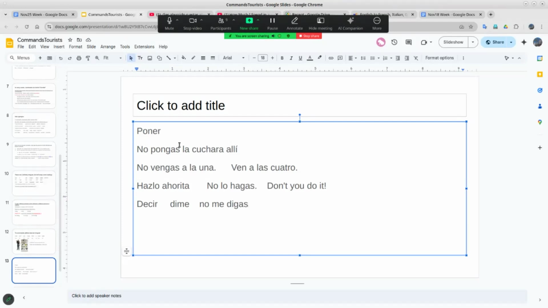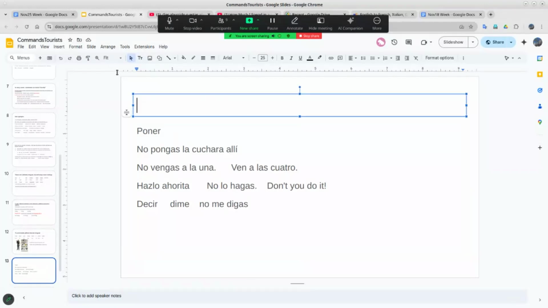For negative tú commands, we do more of what we do with usted. And this is why it is a big Pandora's box and why it's like two separate class sessions to do it. Bien? Okay.